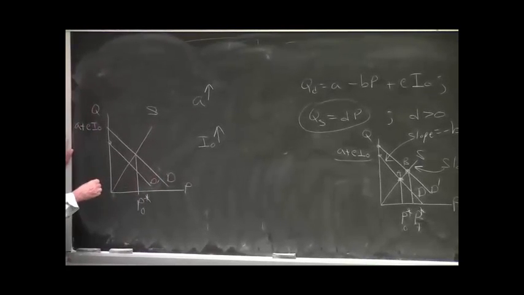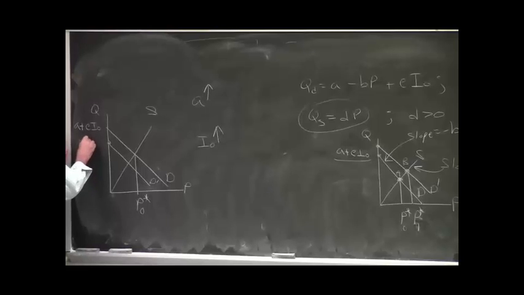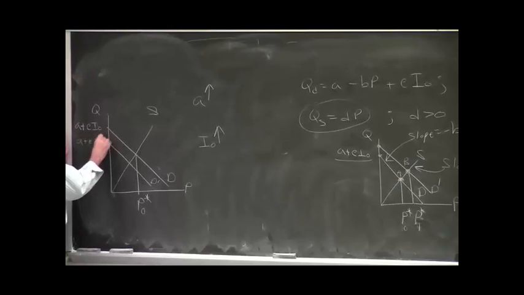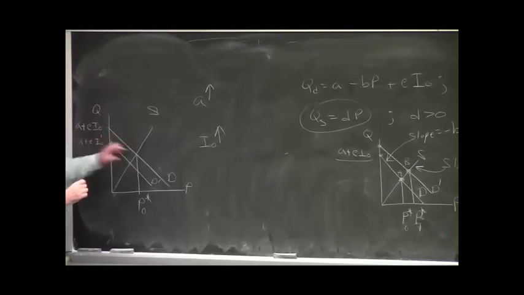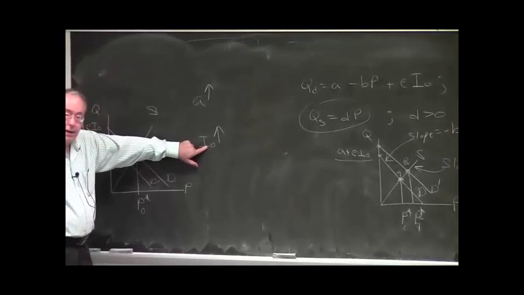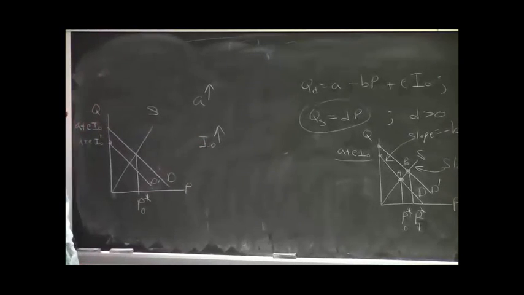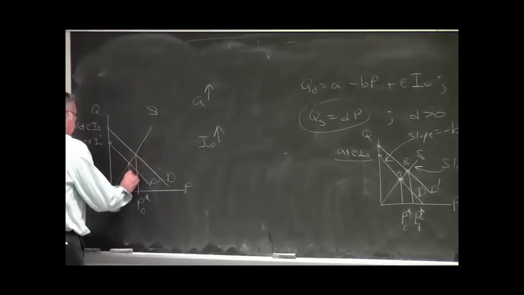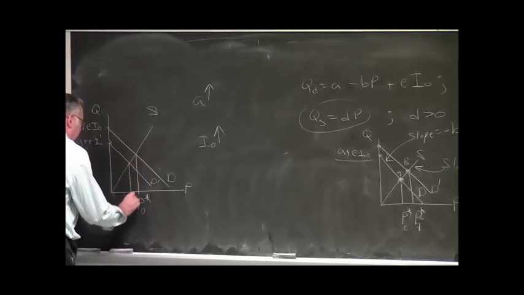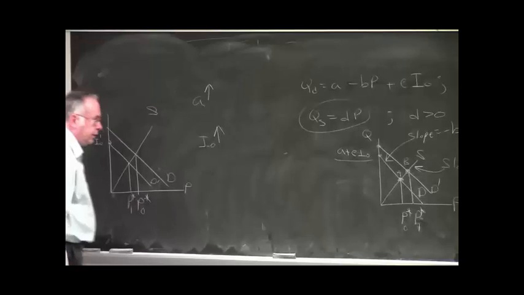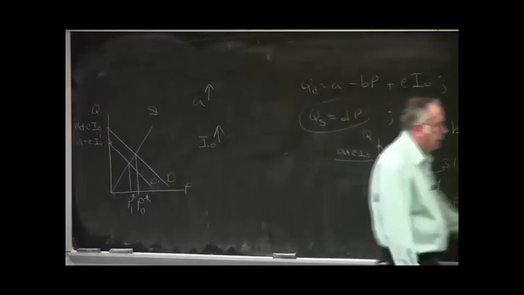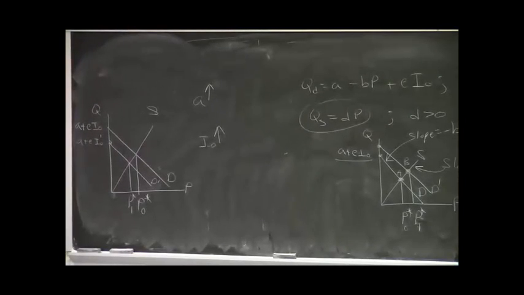So it's a parallel shift. So here's A plus E I 0 prime, where I 0 prime is greater than I 0. Okay. So now what happens to the price? It goes down, which is consistent with our finding that this partial derivative is negative.